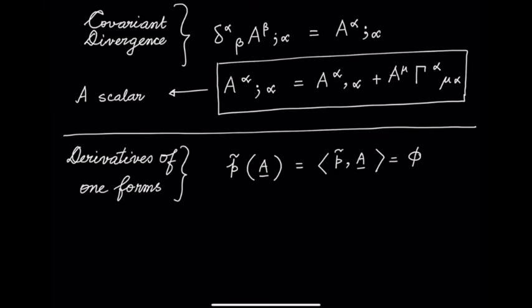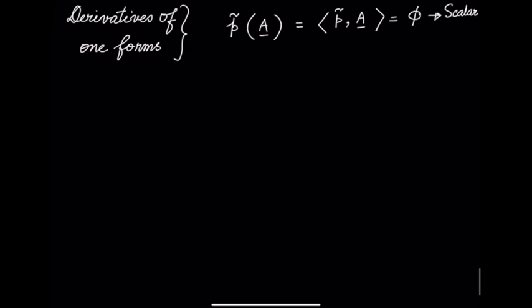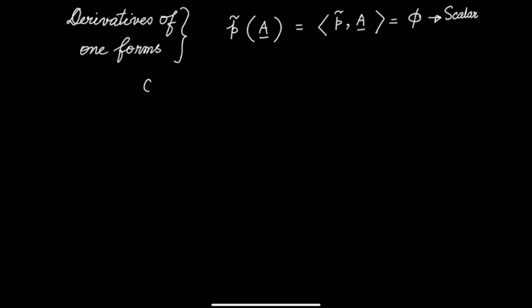It's called phi. And if I write in component notation, this will be phi equals, say, p beta a beta.